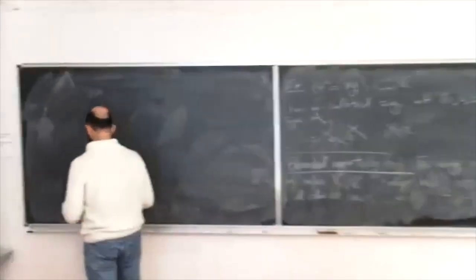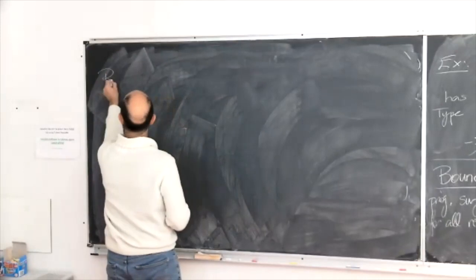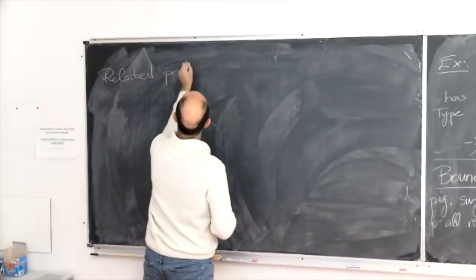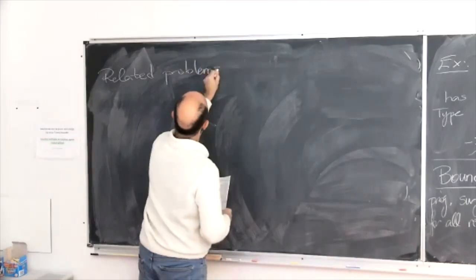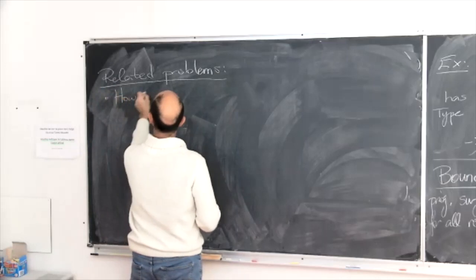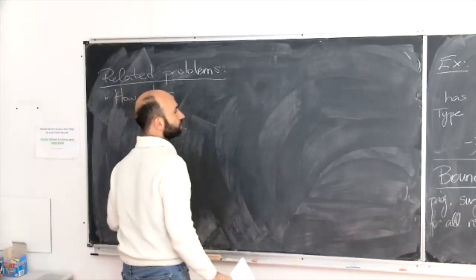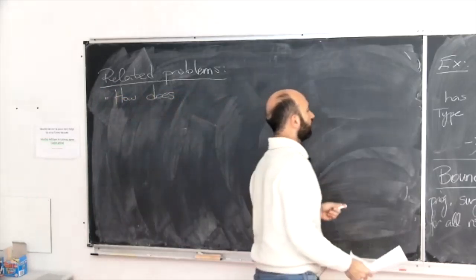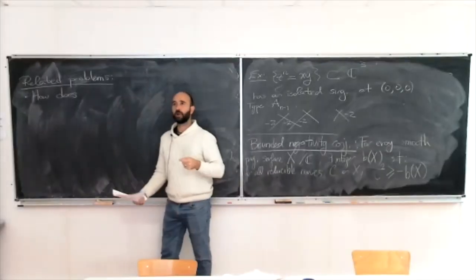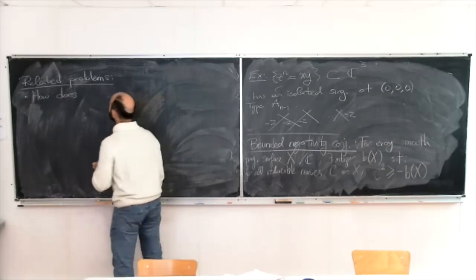So, a related problem. How does this negativity of curves on a surface change under birational transformations?